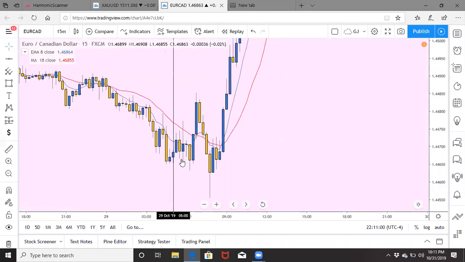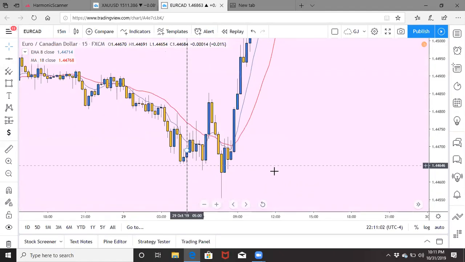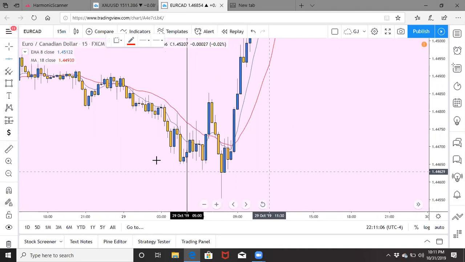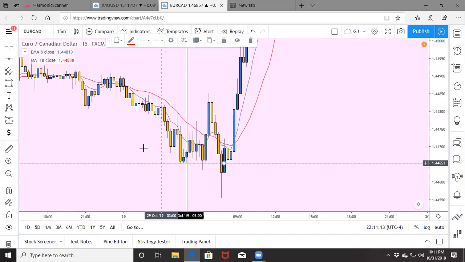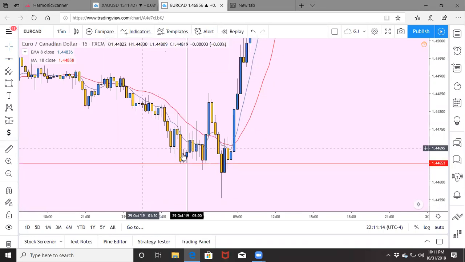This right here was your support level, this red line I'm drawing. They called the scanner after this candle was made. After the 1 hour candle ended, they called the buy.